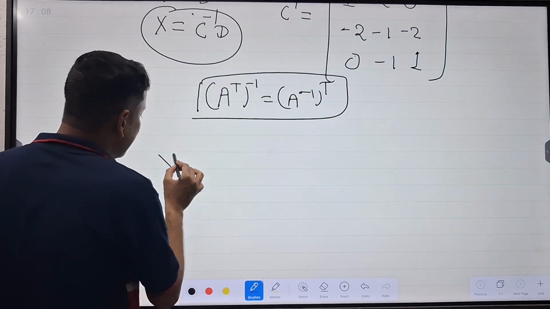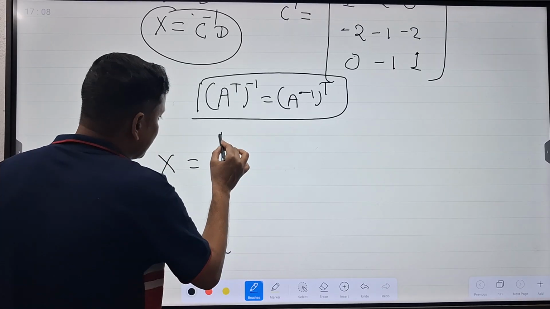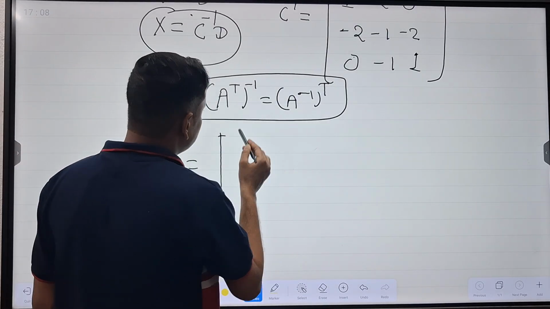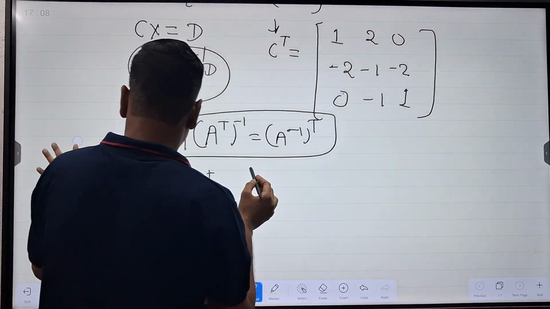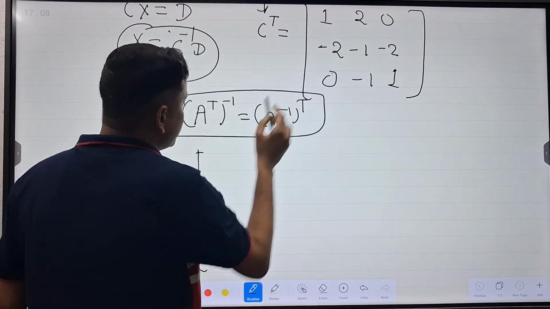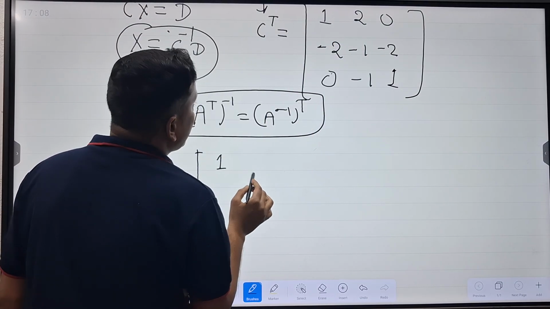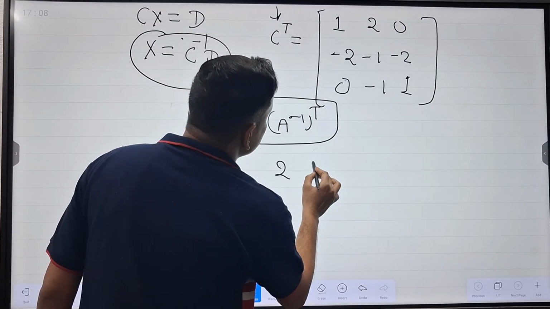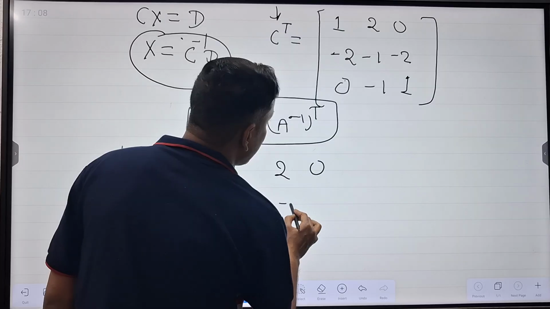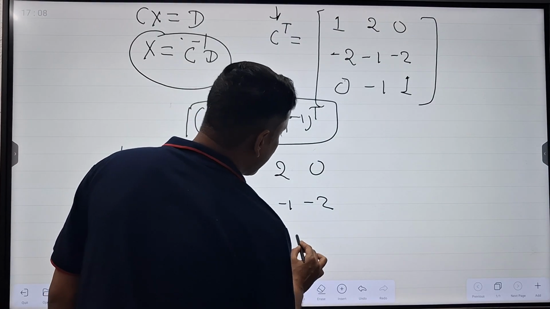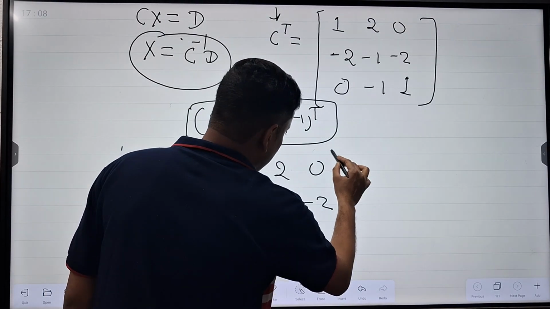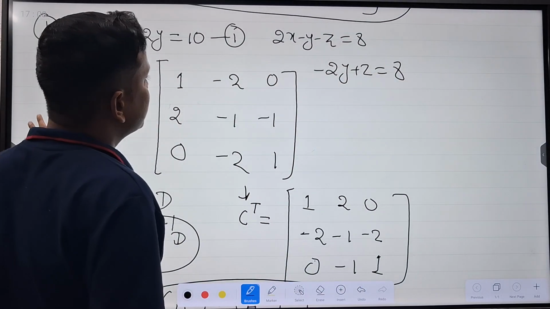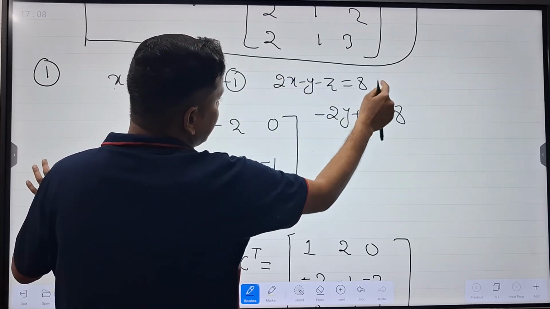So here x will be the matrix 1 2 0, minus 2 minus 1 minus 2, 0 minus 1 1, into D. And what is D? D is 10, 8 and 8.